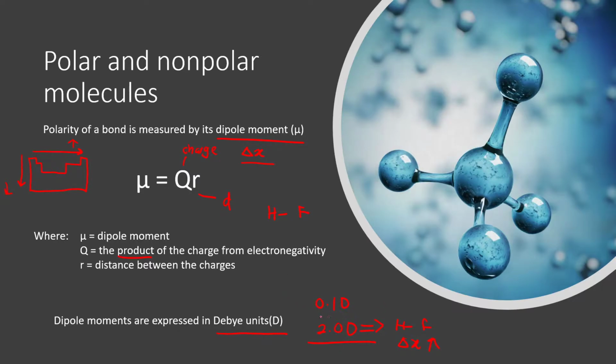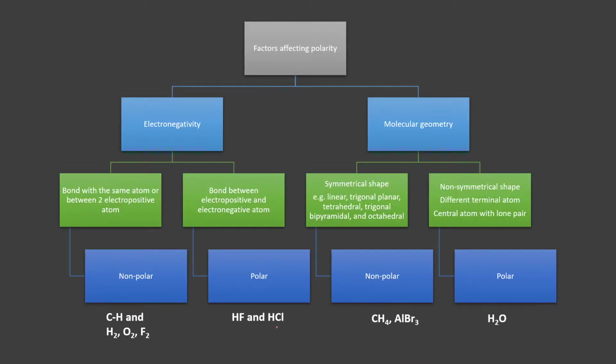Okay. 0.1 dBi comparing to 2 dBi. So kalau you tengok, the higher the dBi values, maksudnya the higher the electronegativity difference. Okay. So this is the factors affecting polarity.